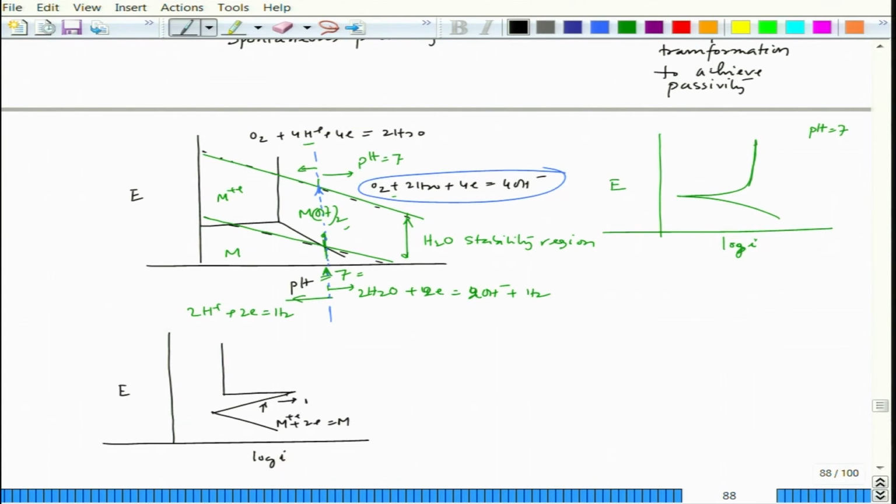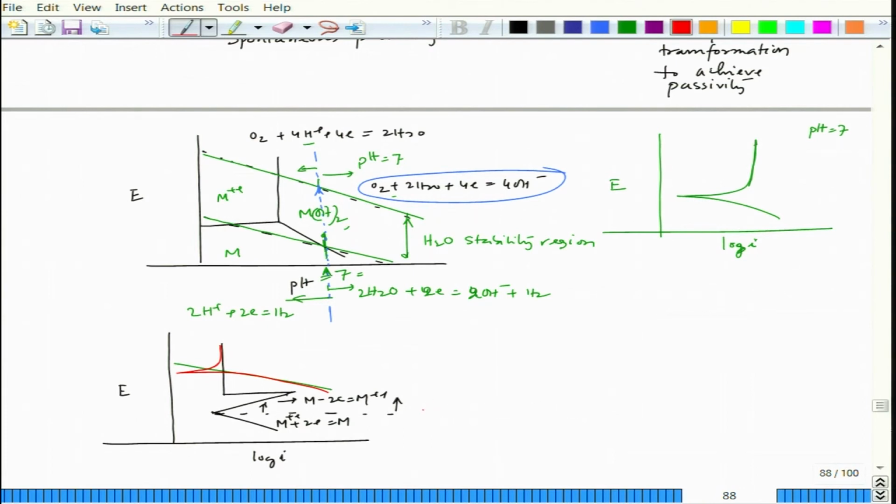So this side is M plus 2e equal to M, and this side is M minus 2e equal to M plus plus. If you go beyond this particular voltage, which is the corrosion potential, now if the cathodic polarization line comes like this, then your plot would be like this. Okay, fine. Sorry, this is not the corrosion potential.